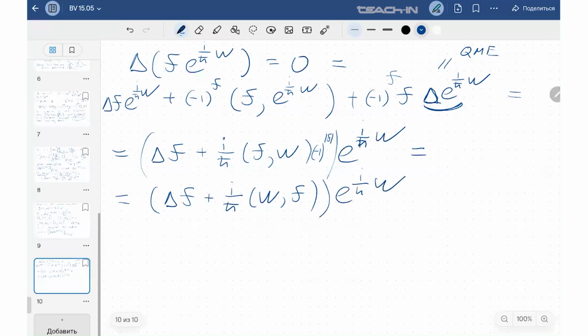Okay, so we get a condition. This is non-vanishing, so f should satisfy this, and for this we write this condition as follows.